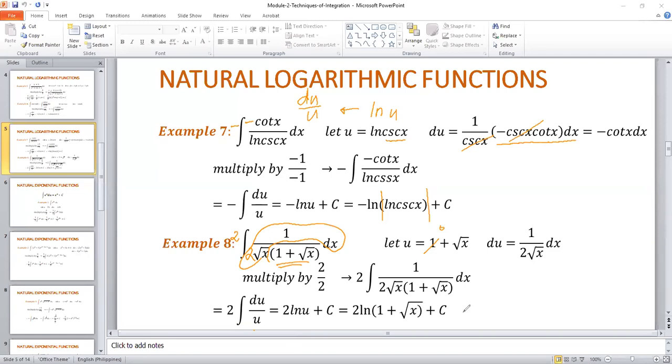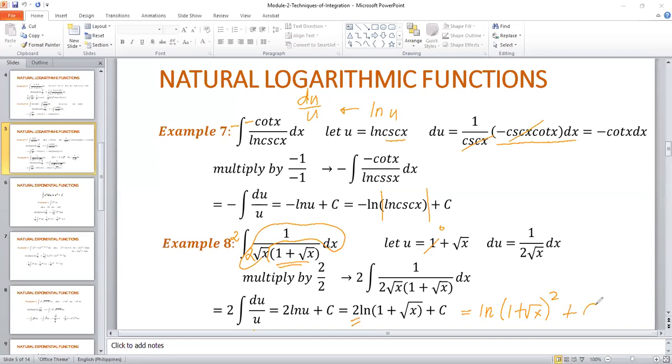Another way of writing this, using your differential calculus last sem, will be the ln of 1 plus the square root of x, squared. Why? We just discussed it in the previous slide. This exponent of the argument of your ln can be written before it, just like the way it's written here.